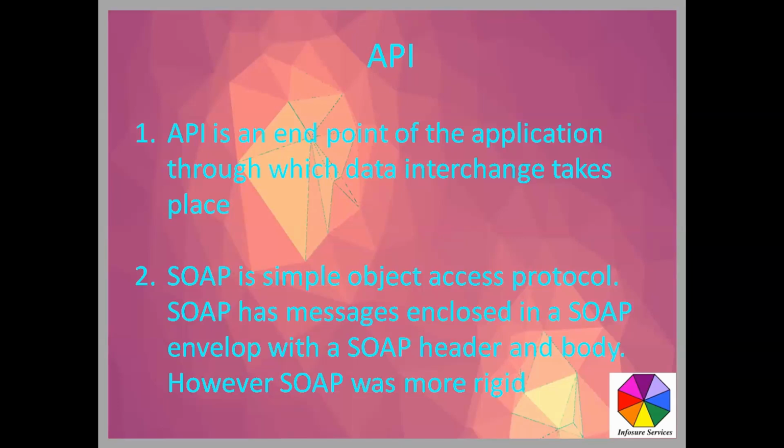Like what we saw in the currency rates example, typically you will use a browser: you put the URL in the browser address bar and invoke a call, which will go as an HTTP request and pull the data from the other system over the web. So an API allows for data interchange through the web.